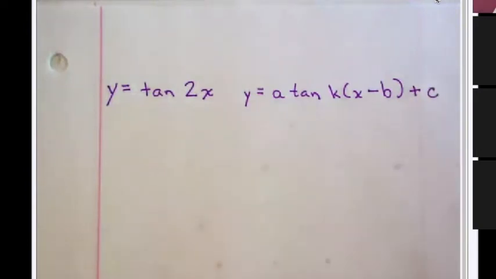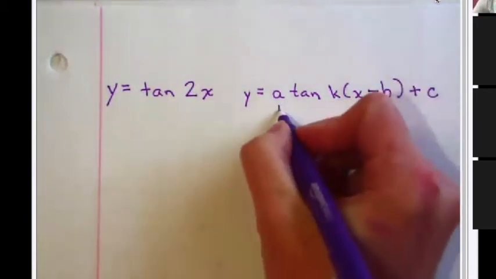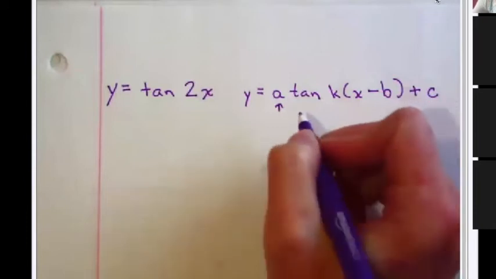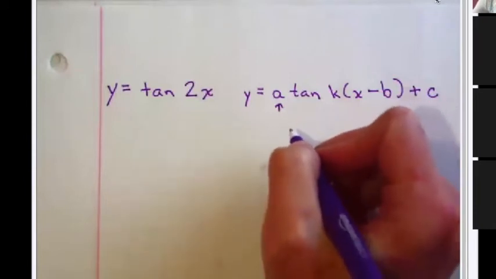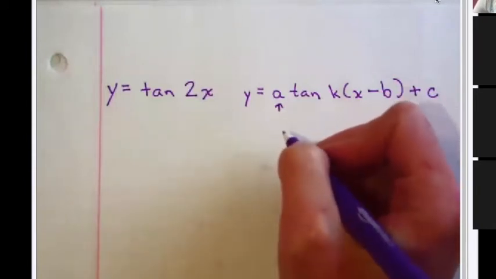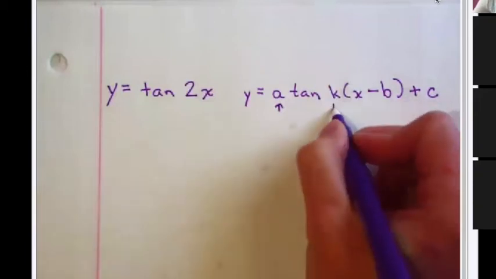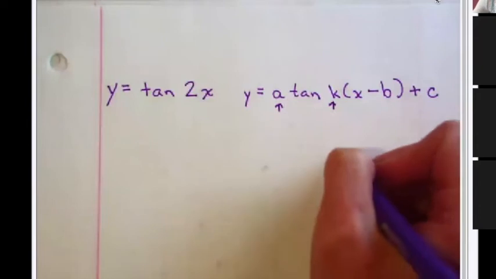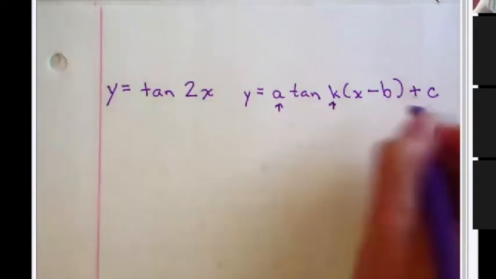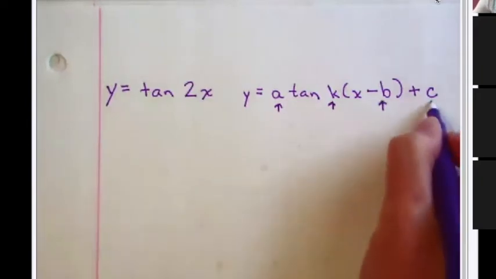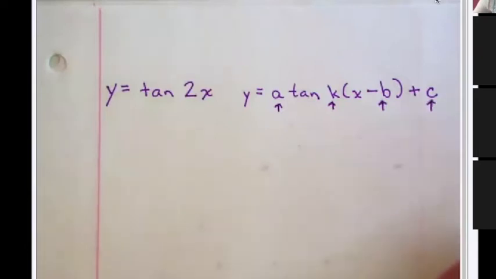We'll use c for constant. So we've still got those same values. A, not technically the amplitude, but it tells me the direction if it's rising or falling. The k is still going to help me with the period. This is still the phase shift, and this is still the vertical shift. So we still have all of those pieces that we talked about before.